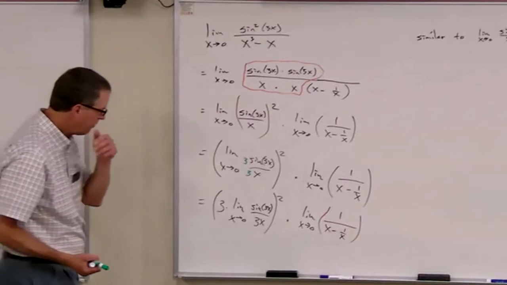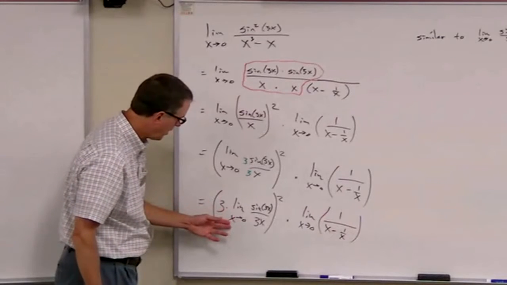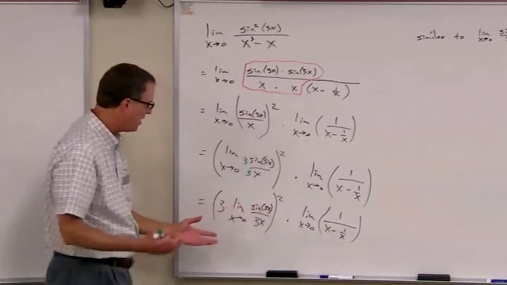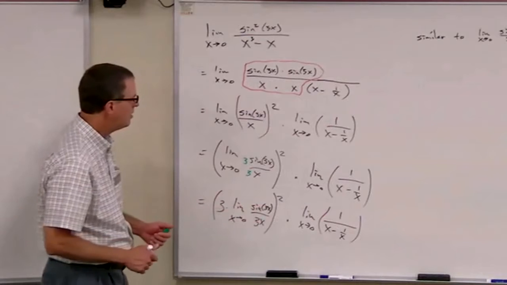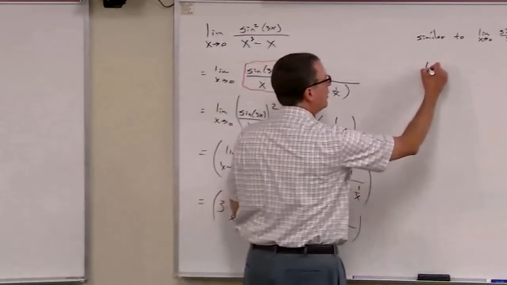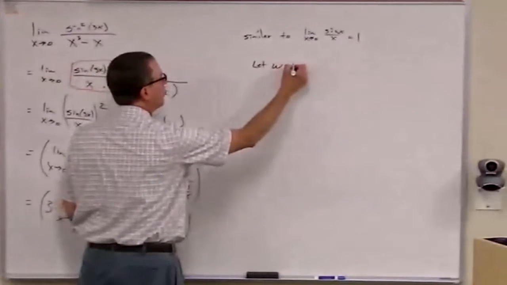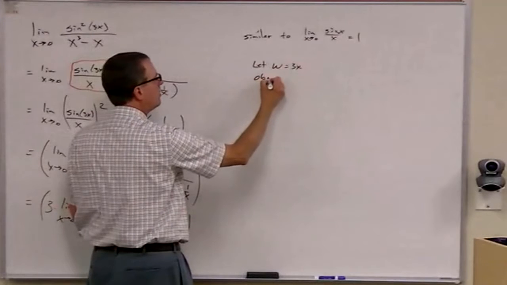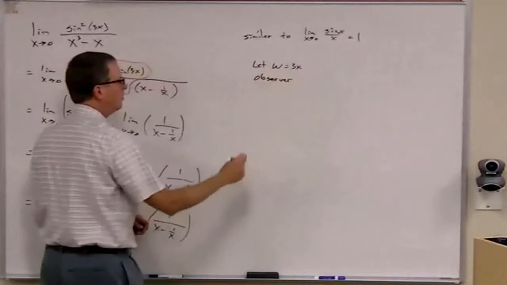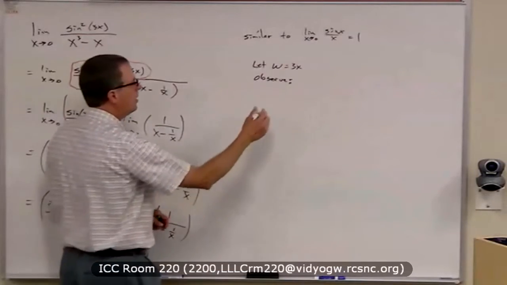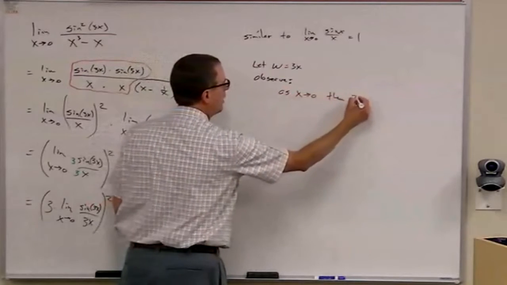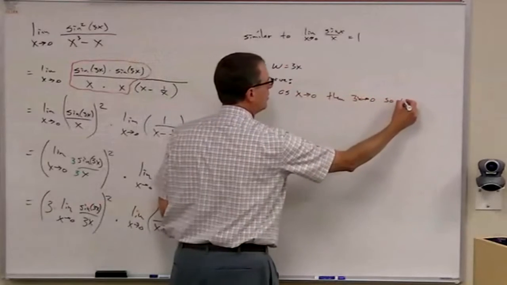As we saw yesterday, we can make a variable substitution right here. We observe that x is going to 0, but we've got a sine of 3x, so we really need a 3x idea. So if we let w equal 3x, then observe we've got x going to 0, but as x goes to 0, then 3x must go to 0, so w goes to 0.